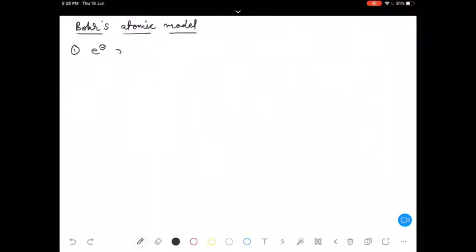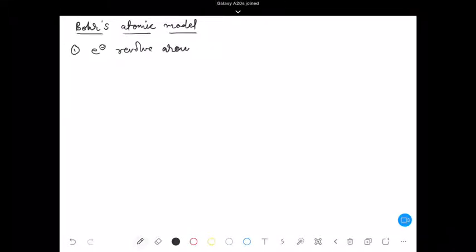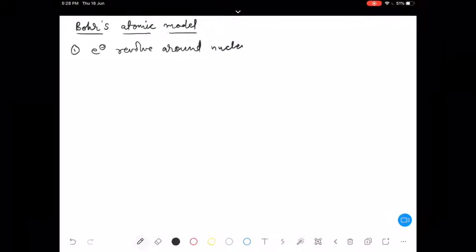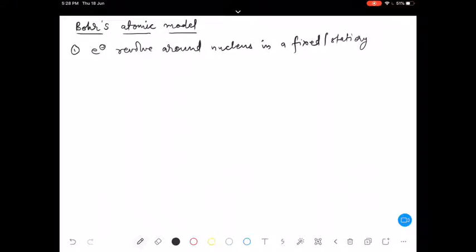So the first one is: the electron revolves around the nucleus in a fixed or stationary or predefined circular orbit of definite energy.